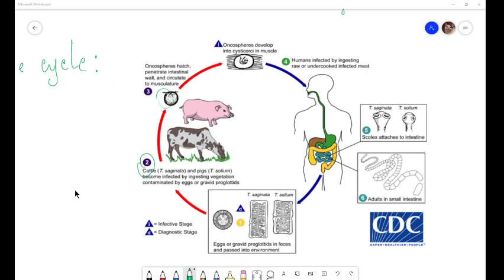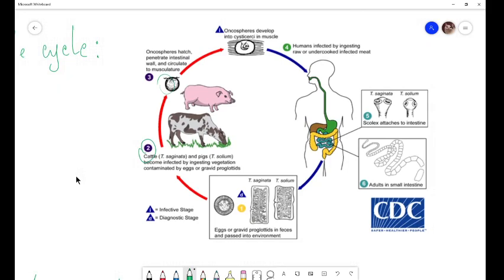We can meet these tapeworms everywhere. It is worldwide. But Taenia solium is more prevalent in poorer communities where humans live in close contact with pigs and eat uncooked pork. And Taenia asiatica is limited to Asia and is seen mostly in the Republic of Korea, China, Taiwan, Indonesia, Thailand.